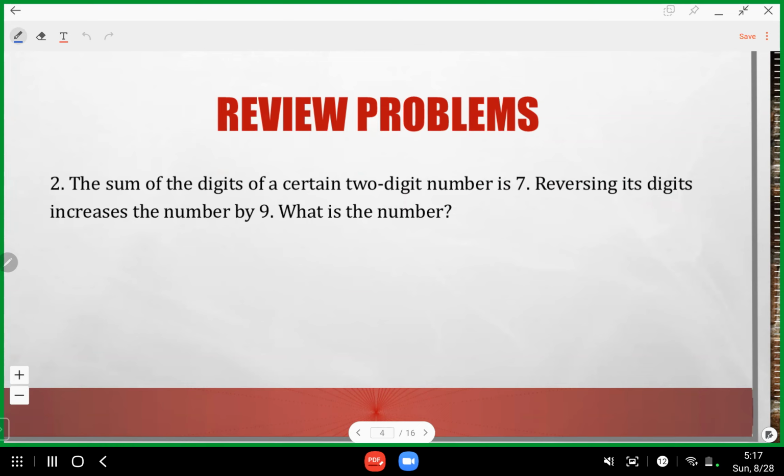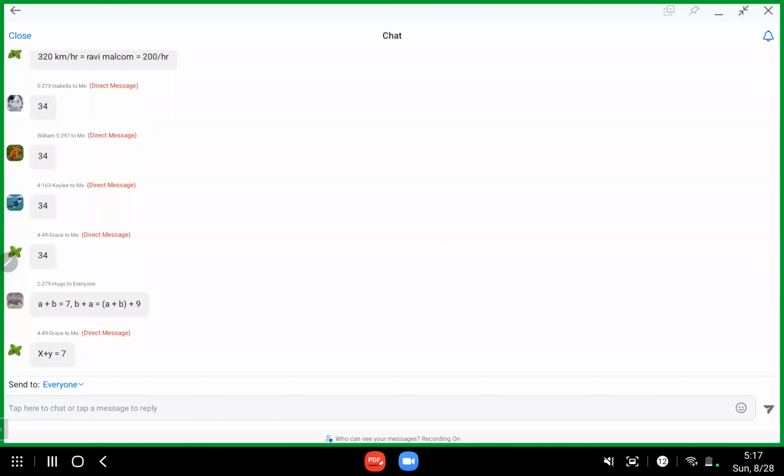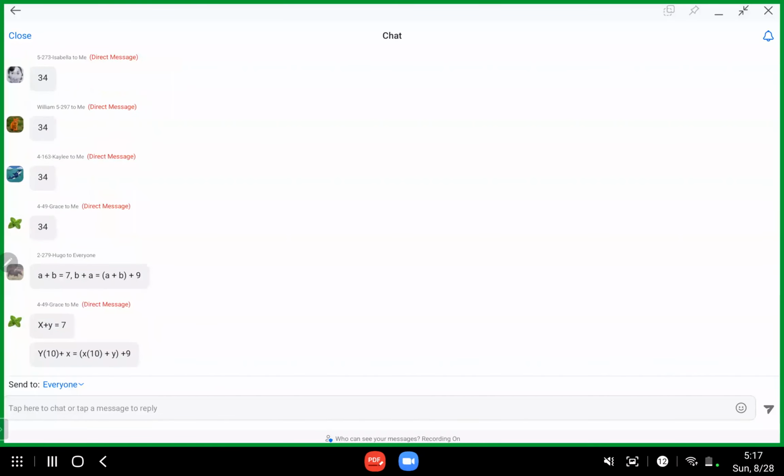So we know that A plus B equals 7, and reversing its digits increases the number by 9. So Hugo gave us the equation B plus A is equal to A plus B plus 9.